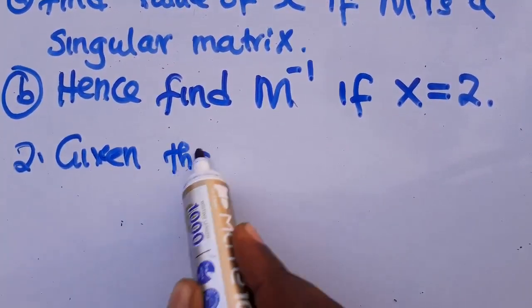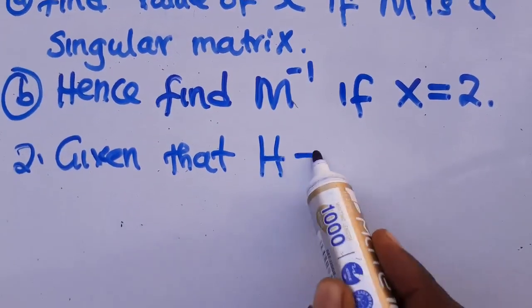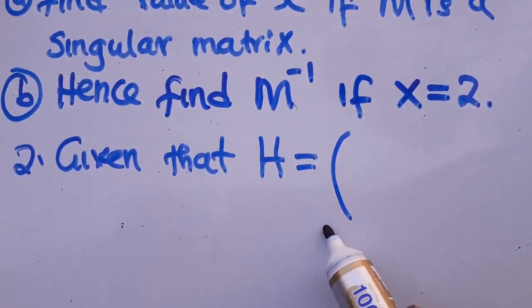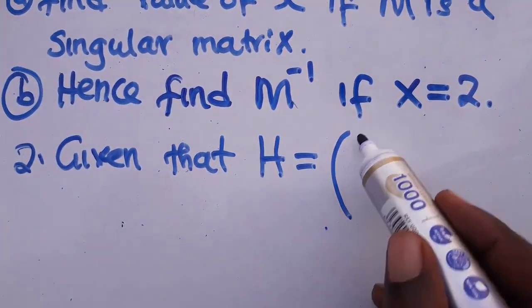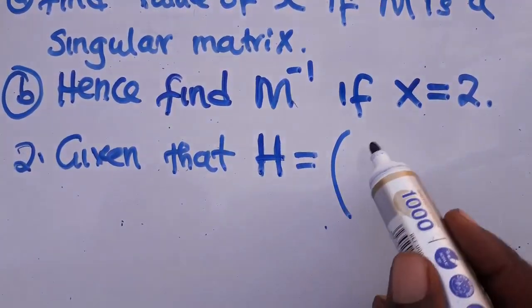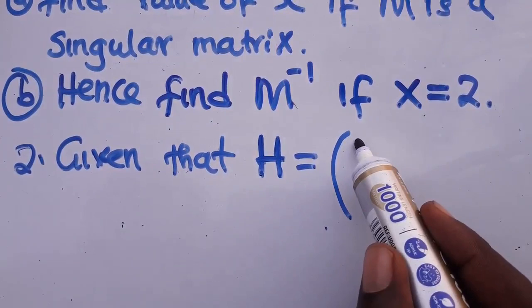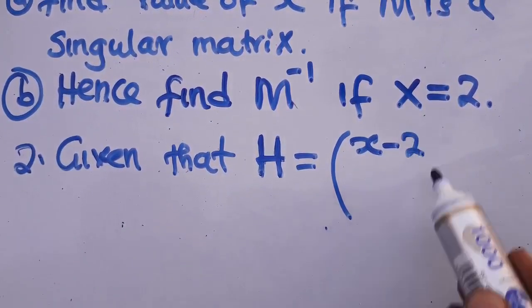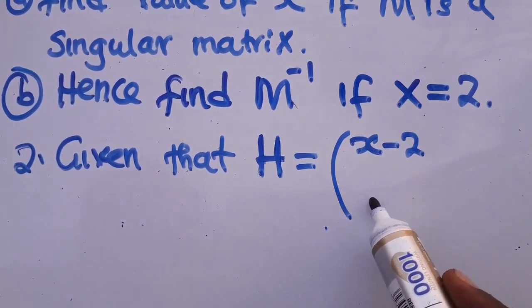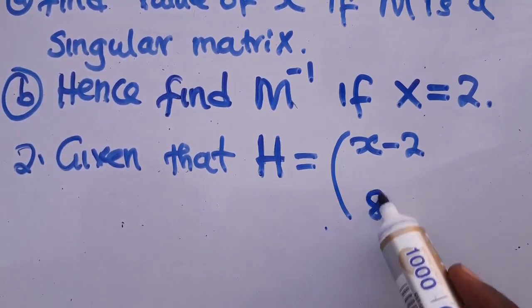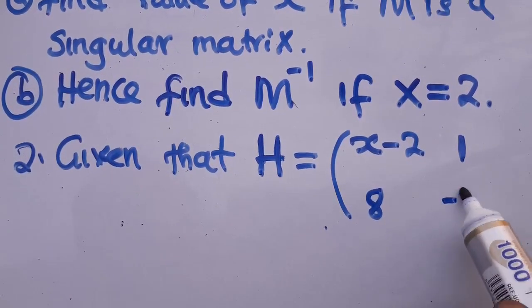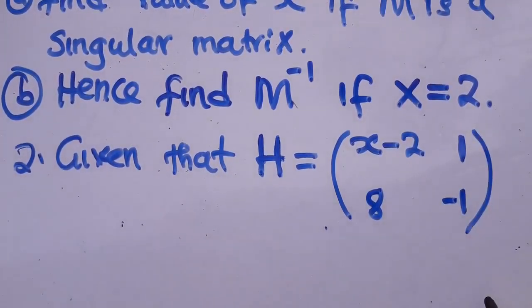Given that h is equal to, let me say, x minus 2, then here we've got 8, 1, then we've got negative 1 here. This is the question which you are given.